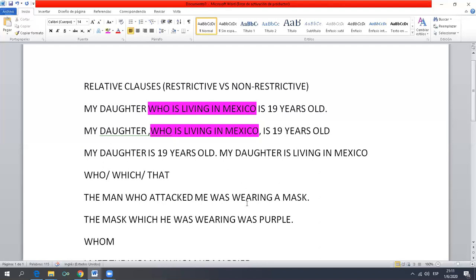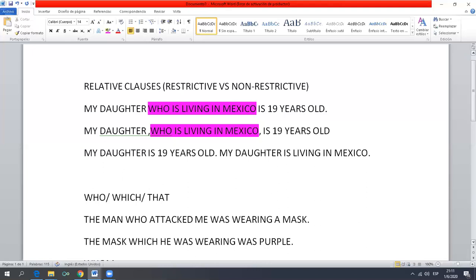All right. So by means of a relative, I can turn these two sentences into one. That's why this is such a useful structure. When we write, when we talk, we make use of relative clauses all the time. The thing is, sometimes we don't know that we are using them.